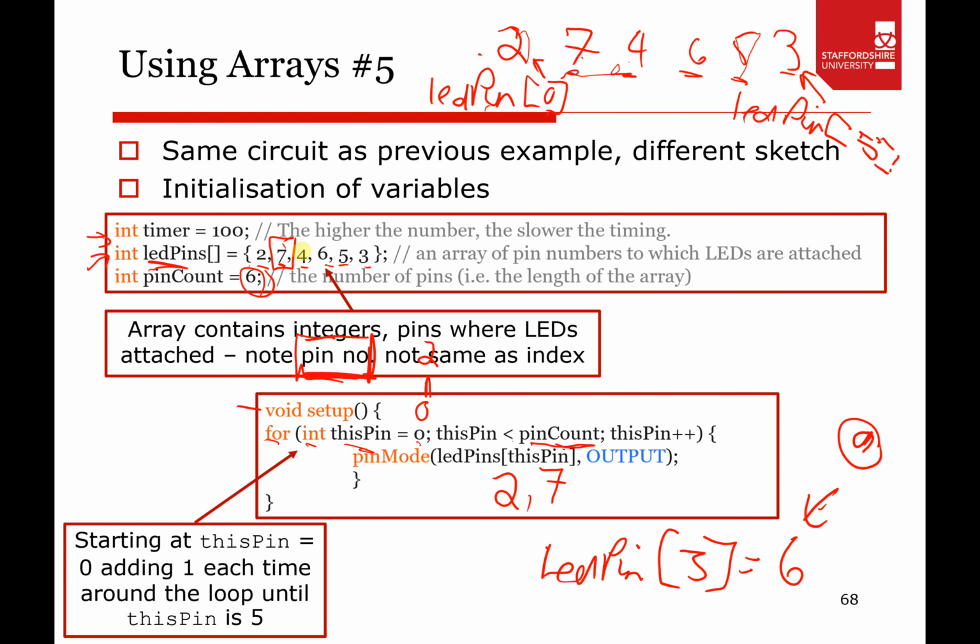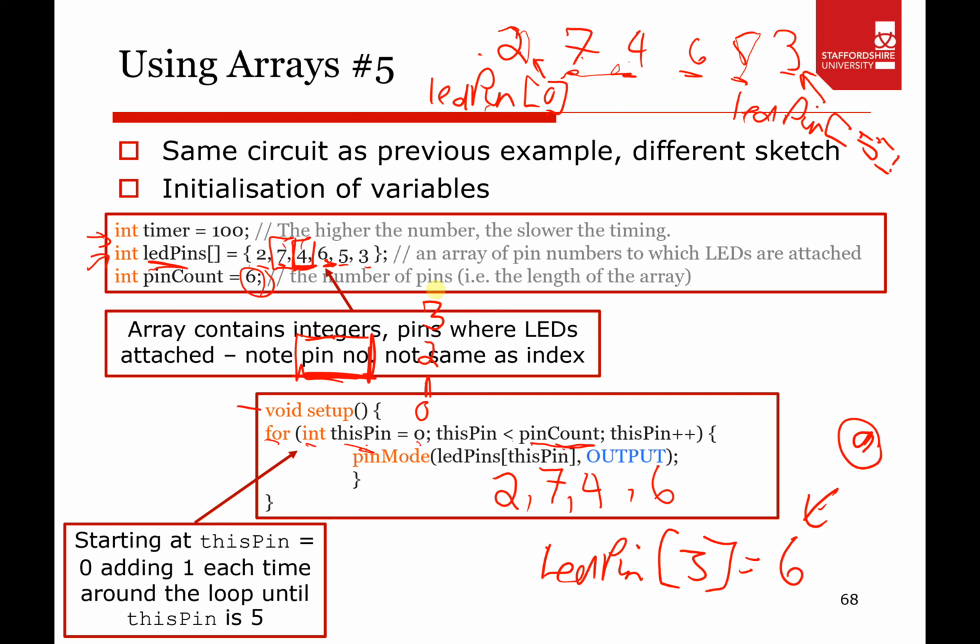Pin 2 shouldn't really be called this pin. I think this could be called index. So for the fourth iteration of the loop, we'd have the index 3, which would be 6.